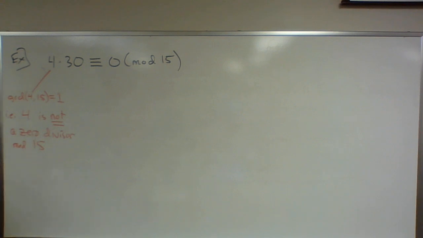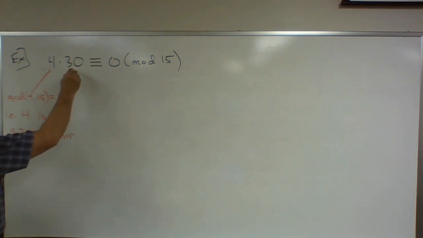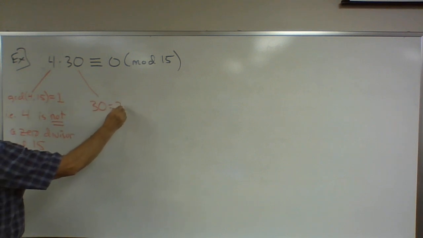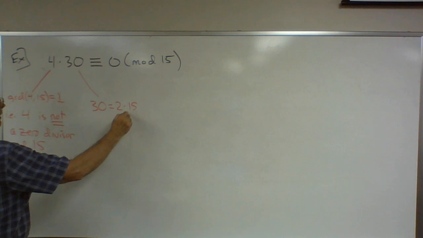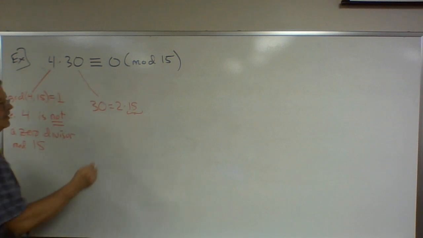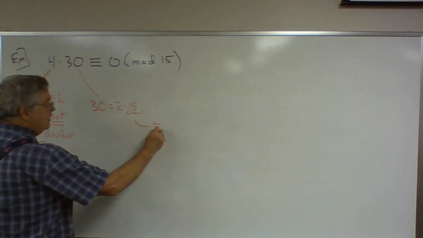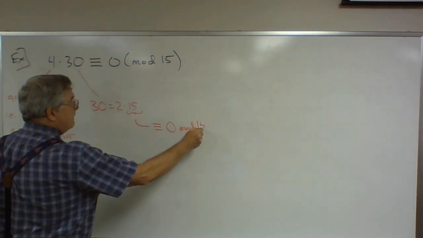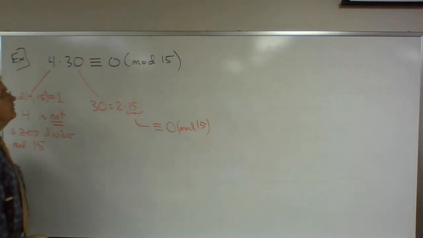So what gives here? Well, look at 30. 30 is equal to 2 times 15. And what about that 15 here? 15 is congruent to 0 mod 15.